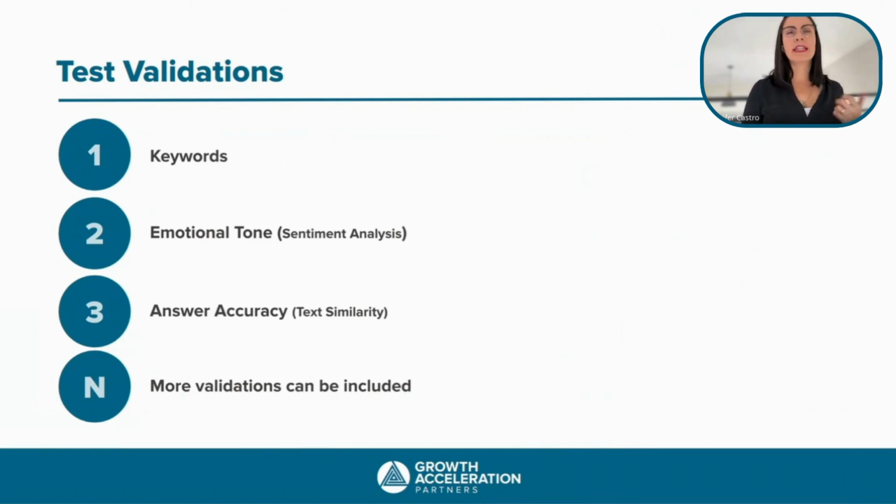I already mentioned that we have a list of keywords in the CSV file. The keywords that we have there for each specific question are going to be validated in the chatbot answer. If one of them is not part of the answer, the test will fail.